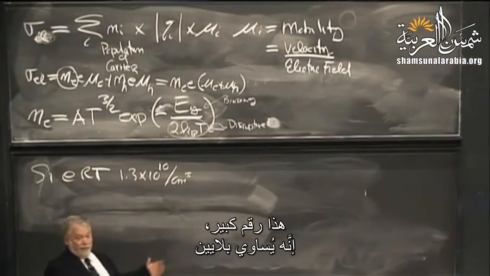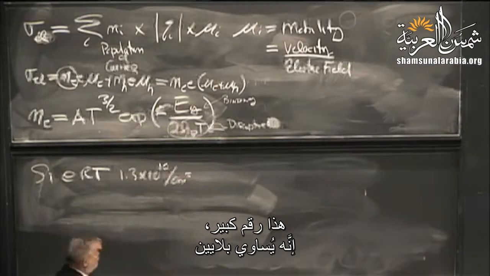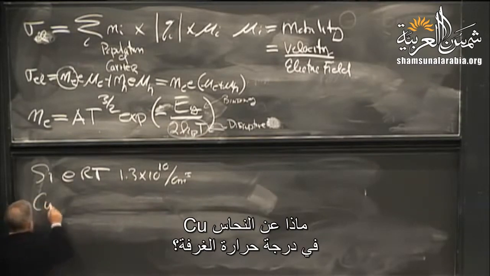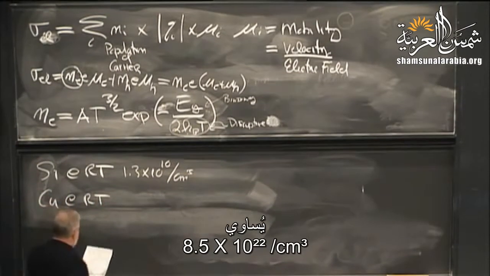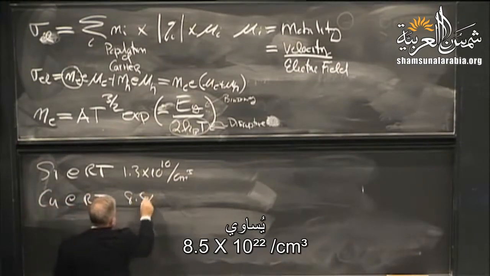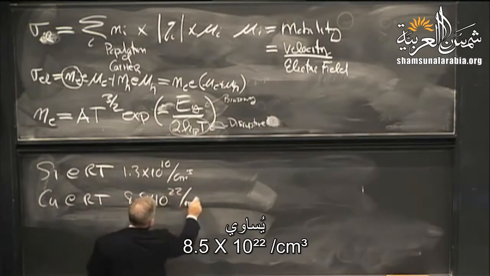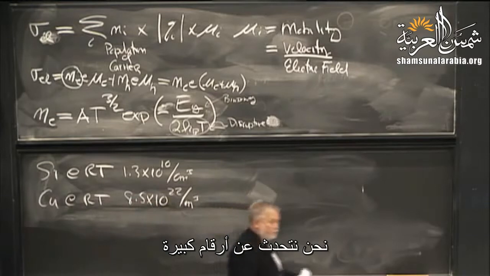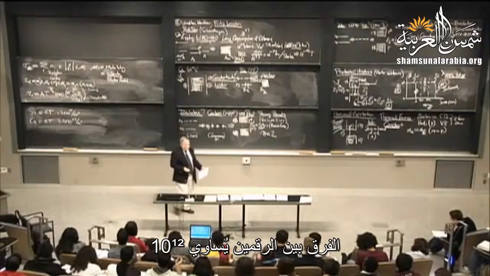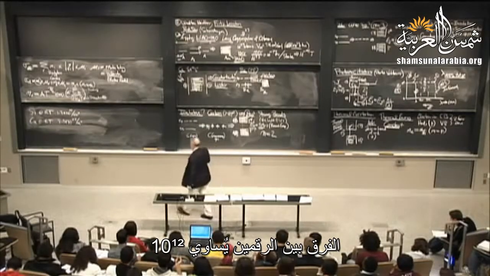Say, well, you know, that's billions. That's a big deal. Well, what about copper at room temperature? Well, that number comes out about 8.5 times 10 to the 22. Now we're talking big numbers, all right? So there's a 10 to the 12th difference between these two.